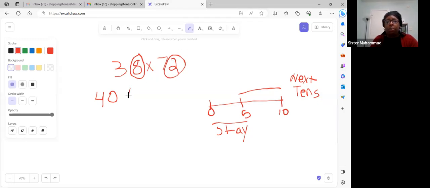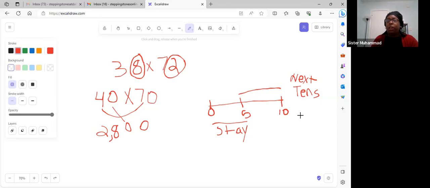So we're going to multiply 40 times 70. And then we're going to multiply just like we did with multiplying multiples of 10. So you have 4 times 7, which is 28. And we're going to move our zeros, giving us an answer of 2,800.